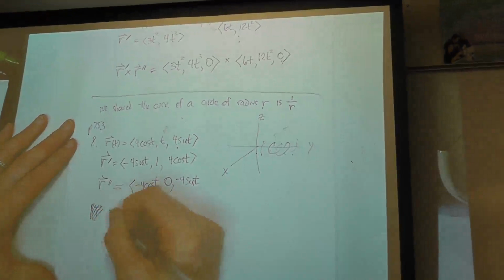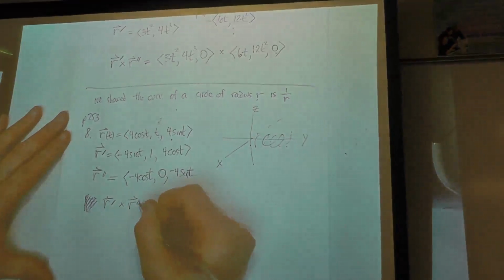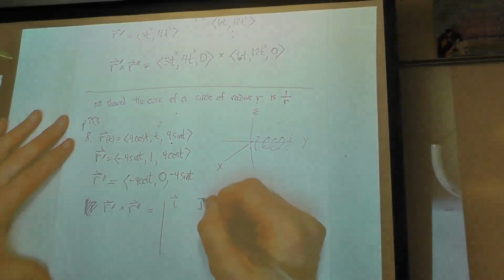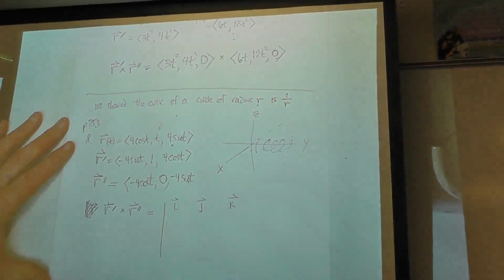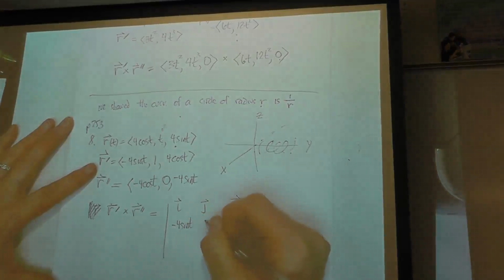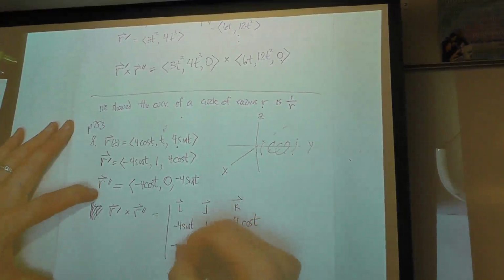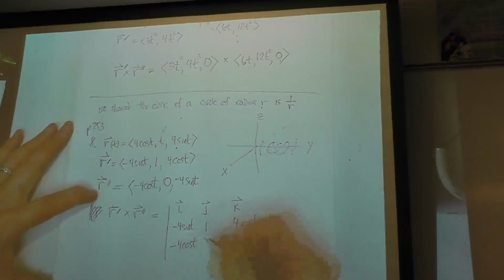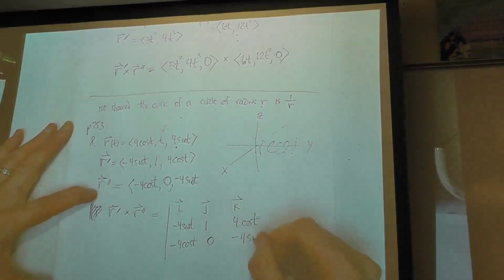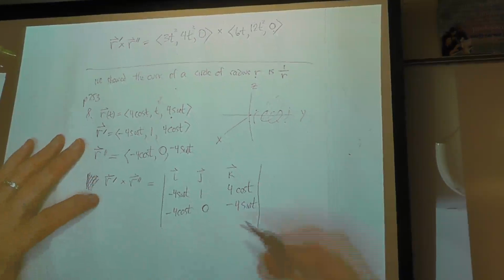Well, let me begin just by doing r prime crossed with r double prime. So minus 4 sine of t, 4 cosine of t, minus 4 cosine of t, 0, and then minus 4 sine of t. And take the cross product.